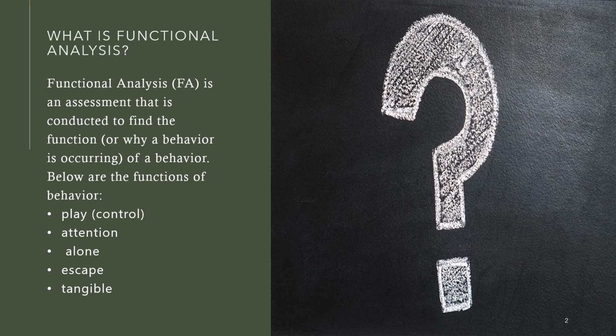Below are the functions of behavior. I actually put alone as a function, but the four functions are attention, escape, sensory, and tangible. You can use the acronym SEAT or EATS to memorize those.